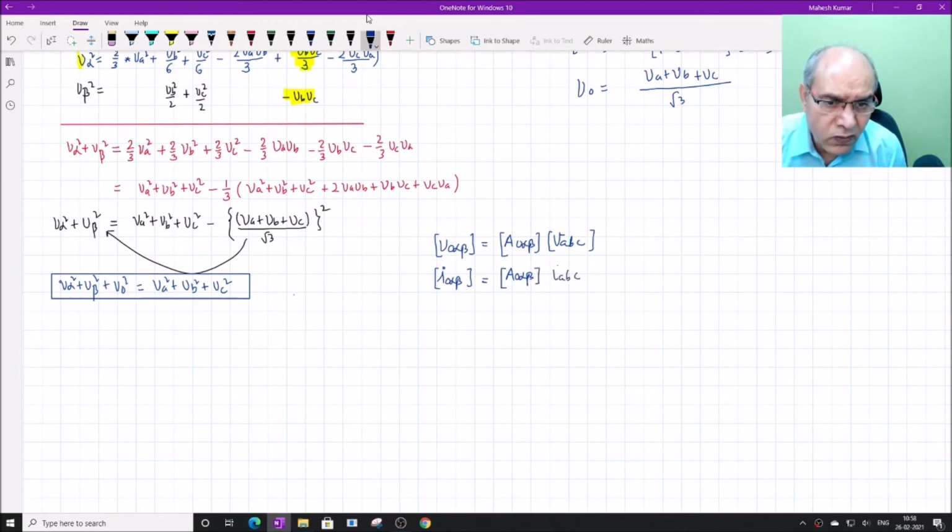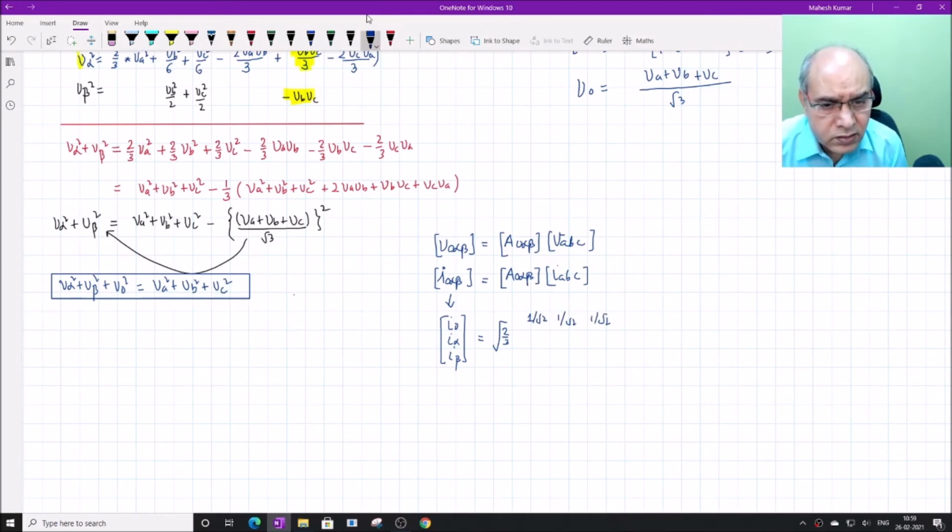So we can resolve these ABC components into alpha beta, and these alpha beta 0 are mutually orthogonal component axes. This actually means I0, I alpha, similar to voltage, I beta, equal to 2 by 3 root, and this is the same thing: 1 by root 2, 1 by root 2, 1 by root 2.